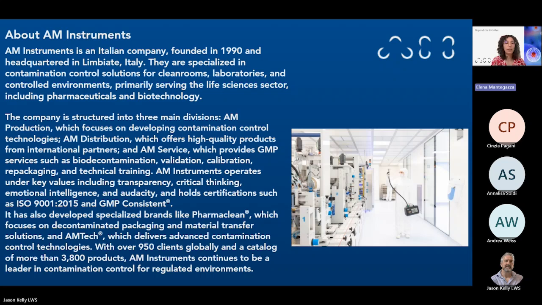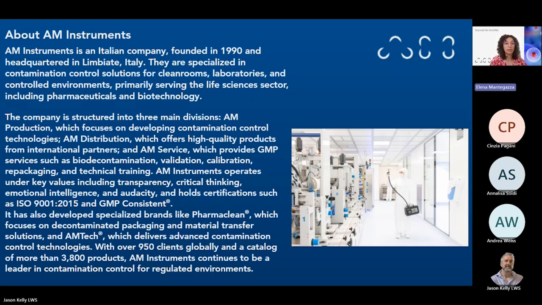And we operate under our four key values: critical thinking, transparency, emotional intelligence, and audacity. We are also certified ISO 9001, and a term that we created, GMP consistent, and later on we will see what this means.